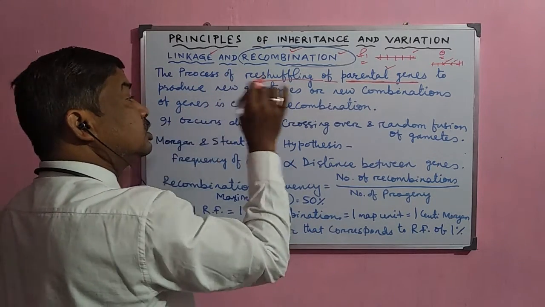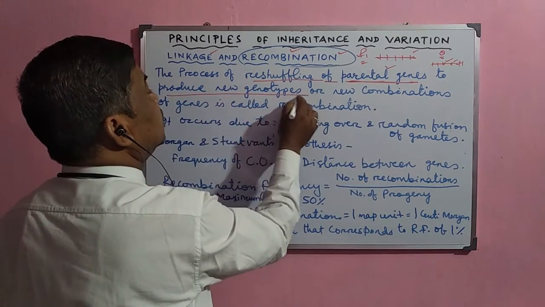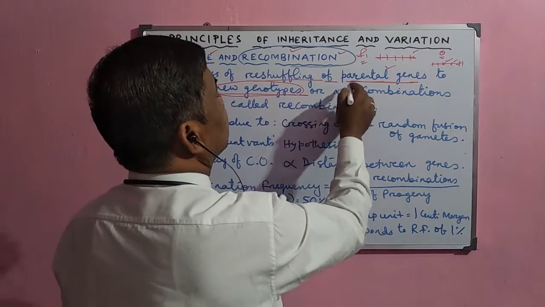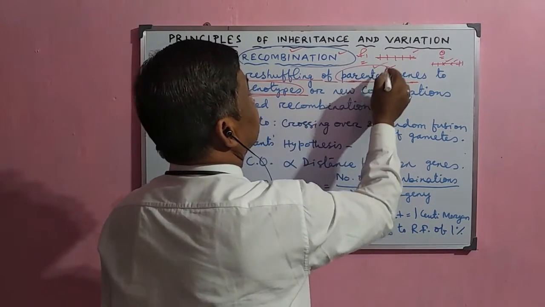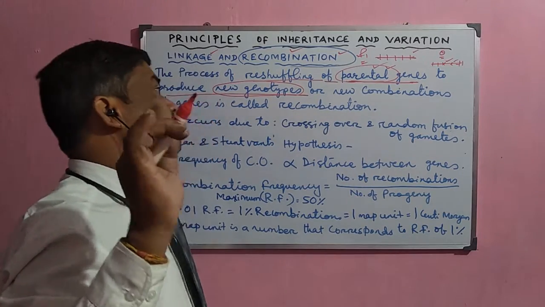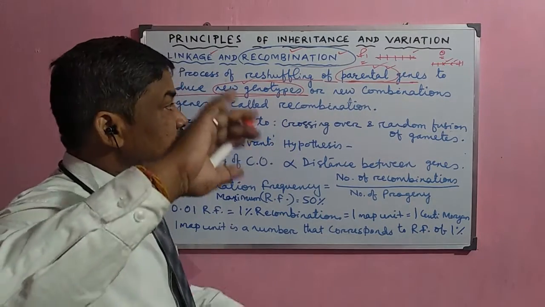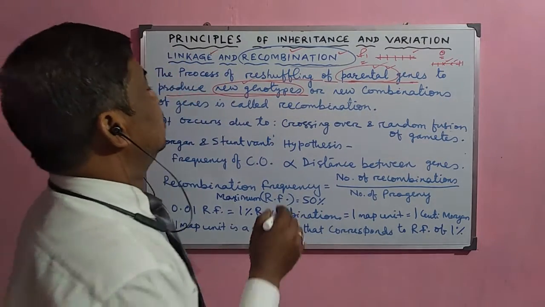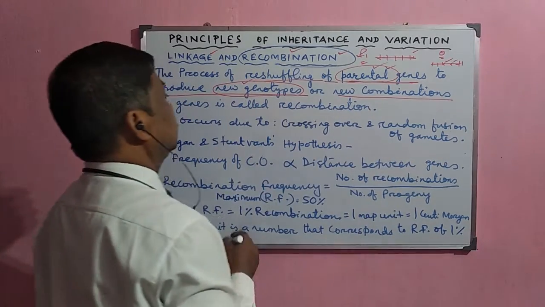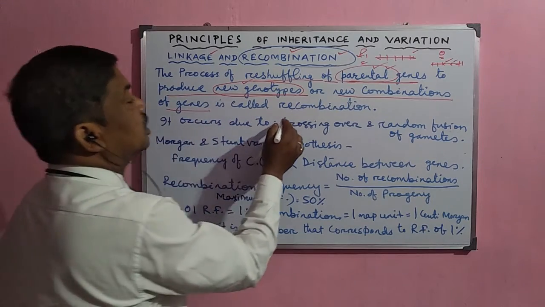So this is reshuffling of parental genes to produce new genotypes. Normally, whatever genotype is present in the parent is called the parental genotype. But when reshuffling occurs, some new genotypes, some new combinations of the genes, are present in the offspring, and these new genotypes are called recombinations.